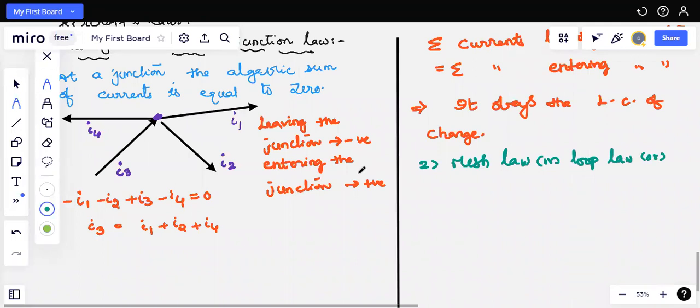Or we measure the PDs across the capacitors. Here we have to measure the PDs across resistors. Loop law or voltage law. But I think you remember there, the loop must be closed. It is applicable for closed loops.